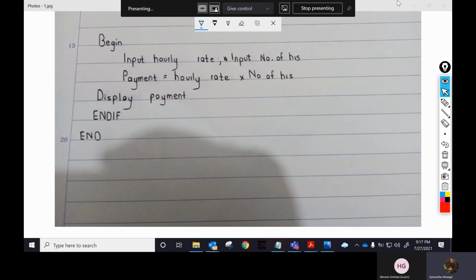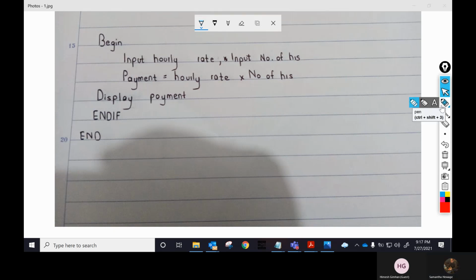Okay, same thing. Now there is a condition. A selection comes here. You write the same program with one addition.